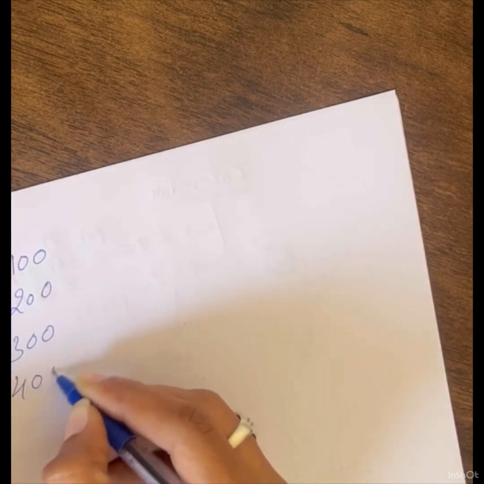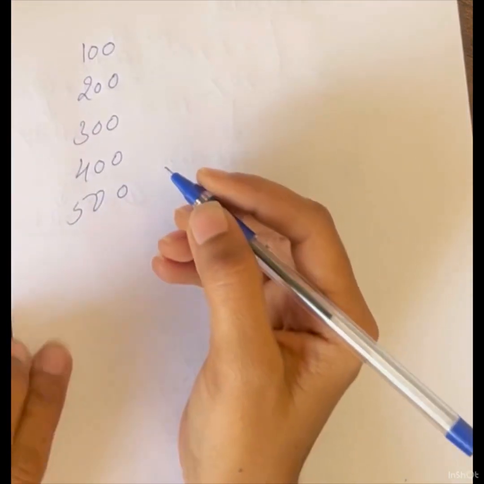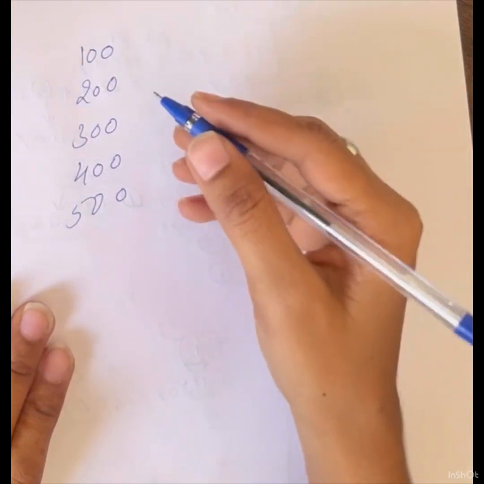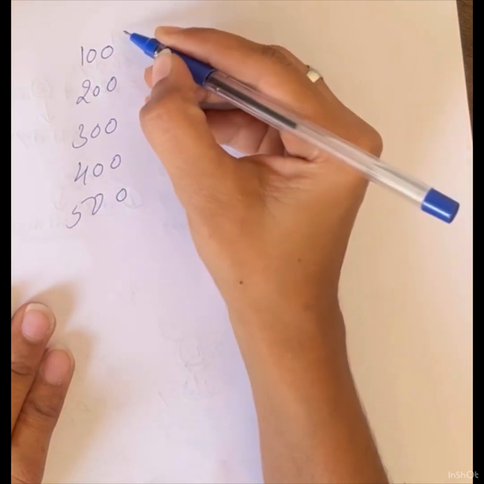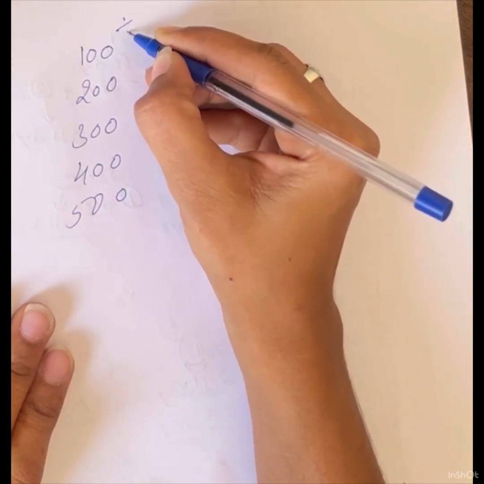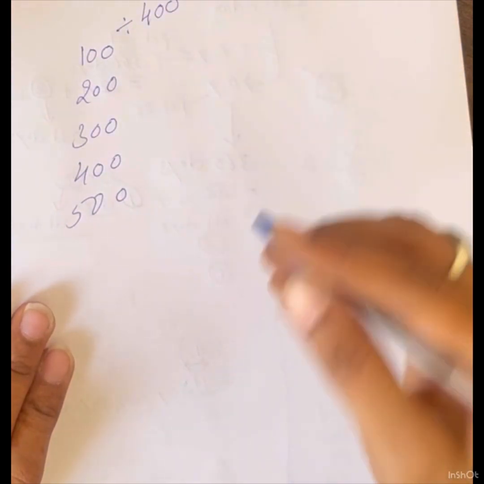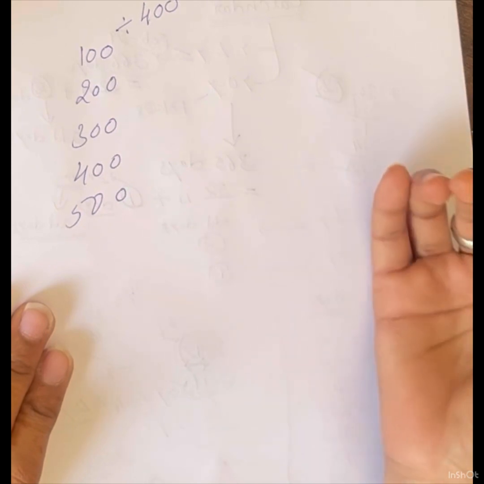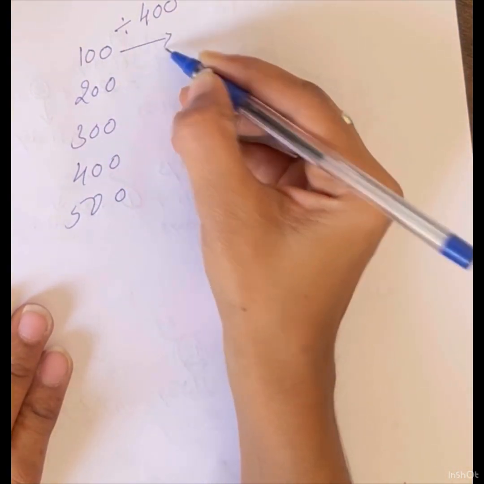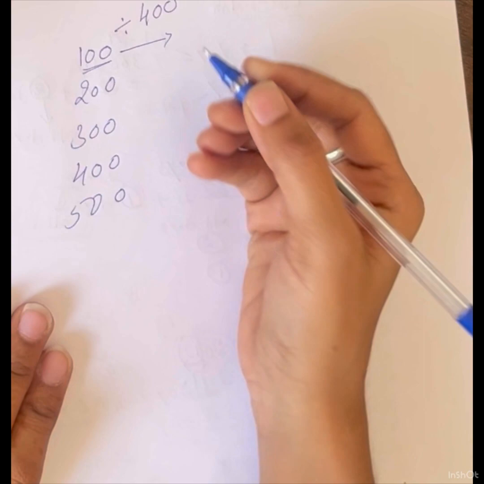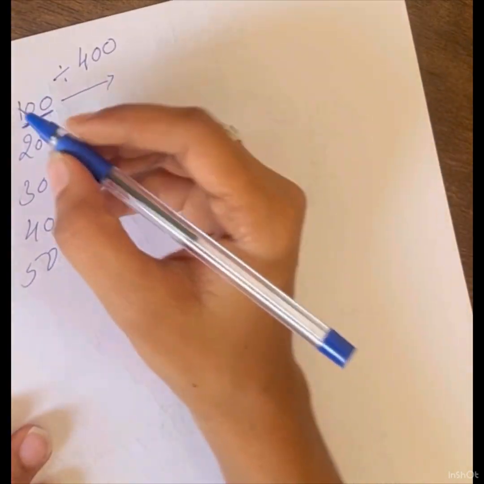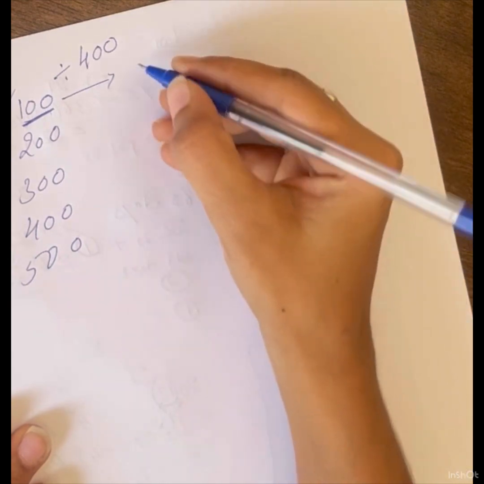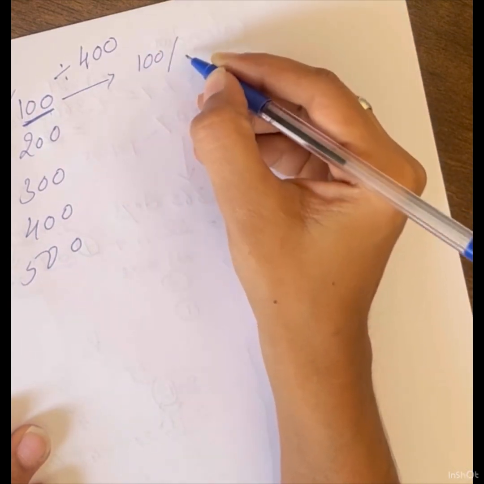Here I am writing 100, 200. Coming to the first one, 100: check whether it is divisible by 400 or not. 100 is surely not divisible by 400. Only if the century year is divisible by 400 is it a leap year. So 100 is an ordinary year.